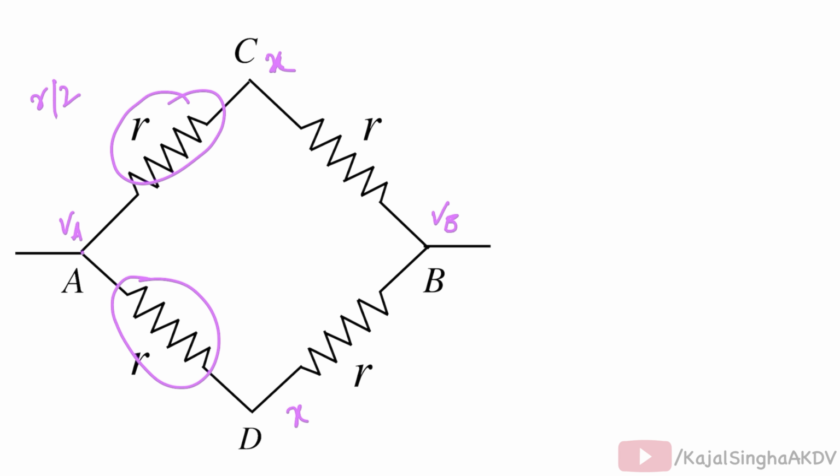And similarly, the resistors in branch CB and branch DB, which are also of value R, also have equal potential difference between their ends, that is X minus VB. So these resistors are also in parallel combination, and their effective resistance will also be R by 2.